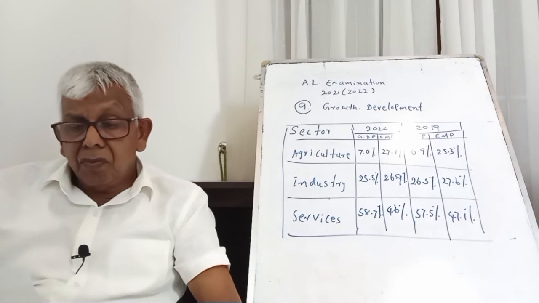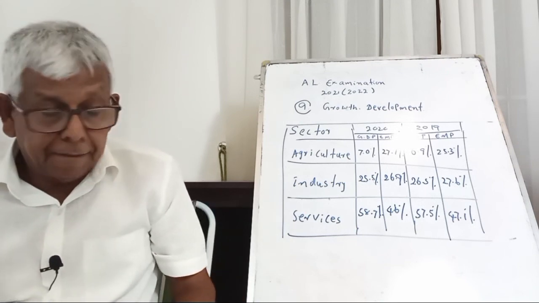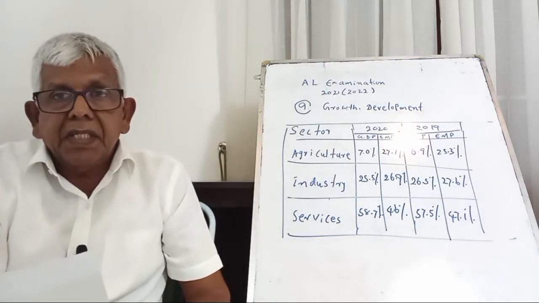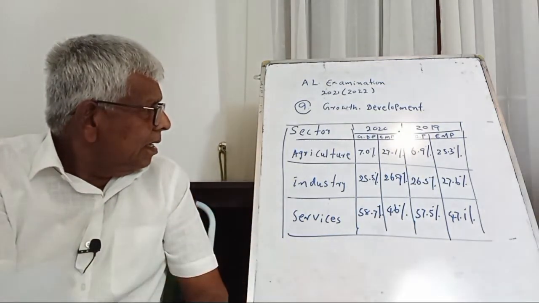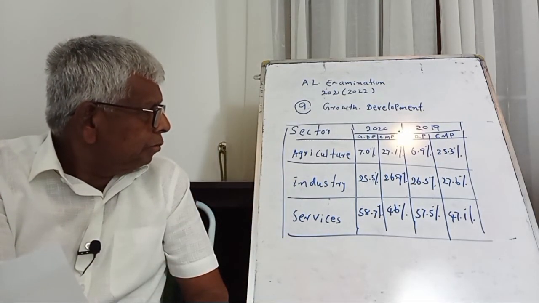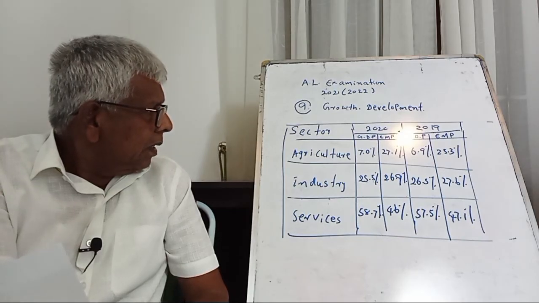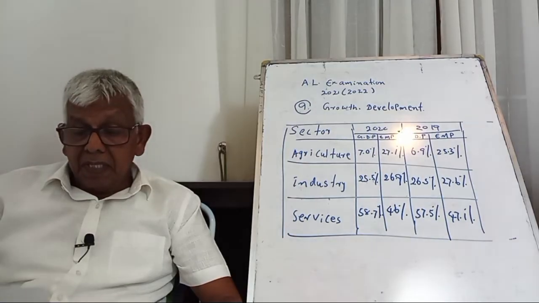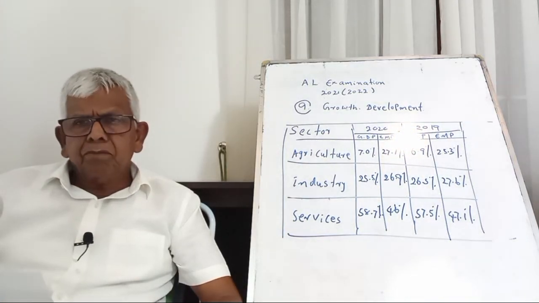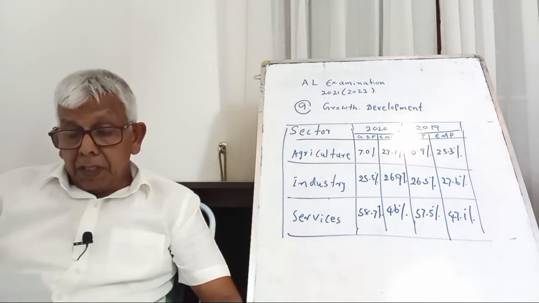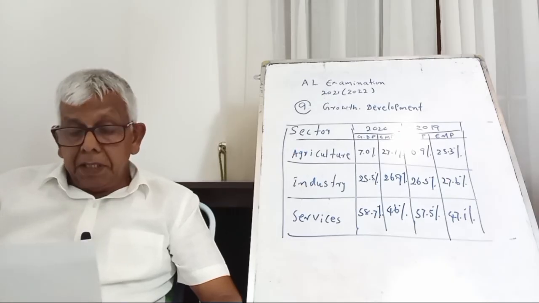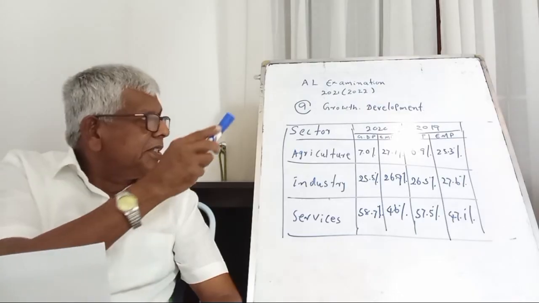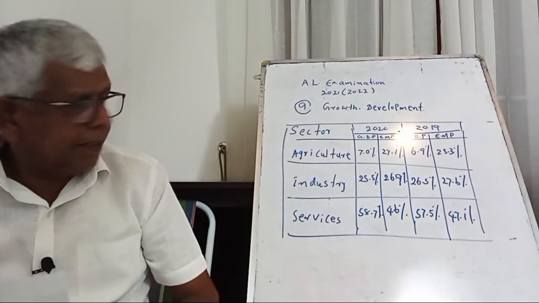So, in this table, sector, we can write agriculture, industrial, service, and 2020 year GDP, employment.